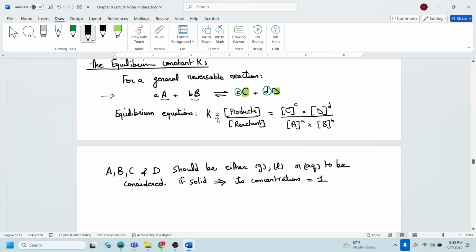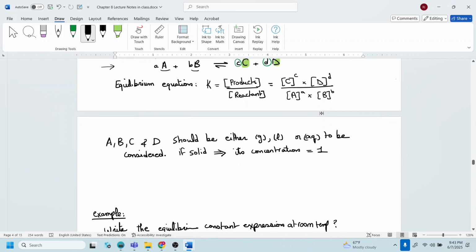When you are reporting the equilibrium constant of the reaction, A, B, C, and D should be either gas or liquid or aqueous to be considered. If they are solids, then their concentration is 1. You take them out of the equation.